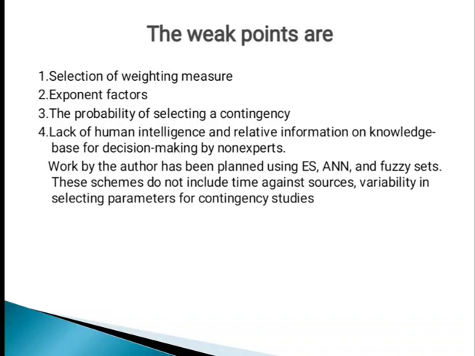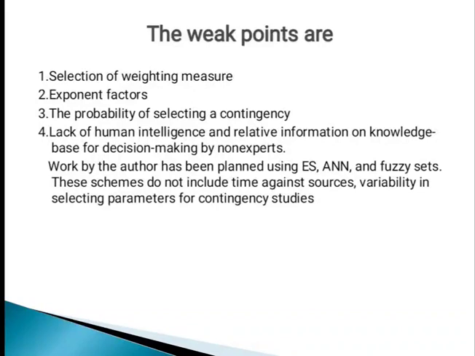Then the fourth one is the lack of human intelligence. Because of poor human intelligence, artificial intelligence techniques are involved. The relative information on the knowledge base and decision making by non-experts may also create some types of contingencies.